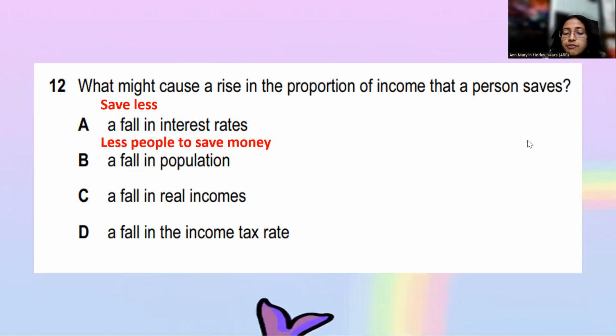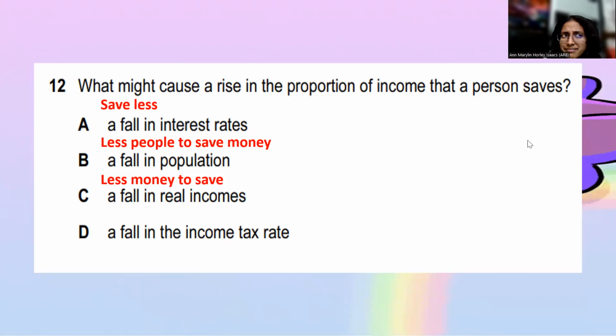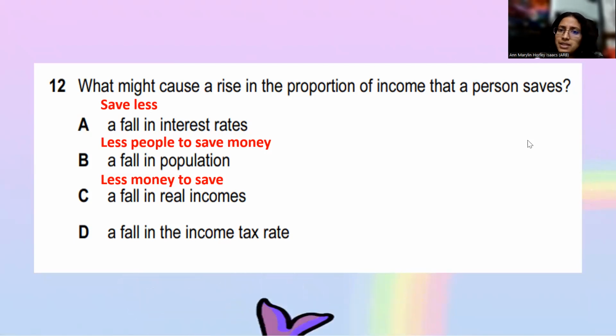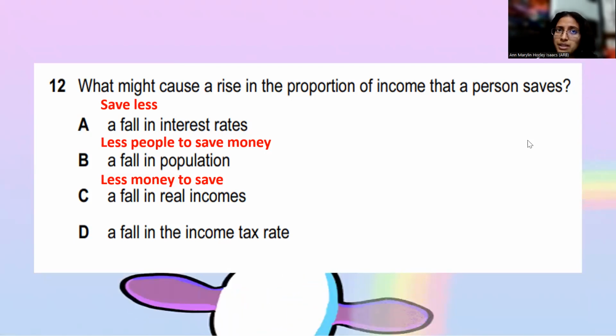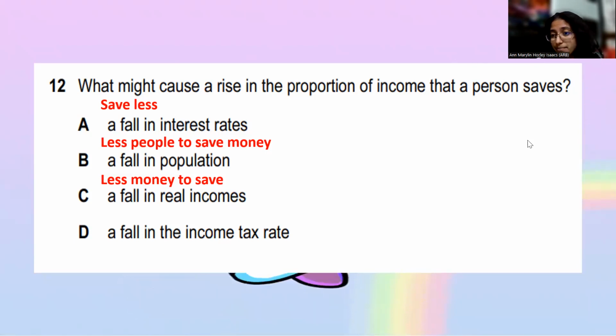Okay. A fall in real incomes. Again, it doesn't affect how much I would save, but a fall in real income would mean that I've got less disposable income.